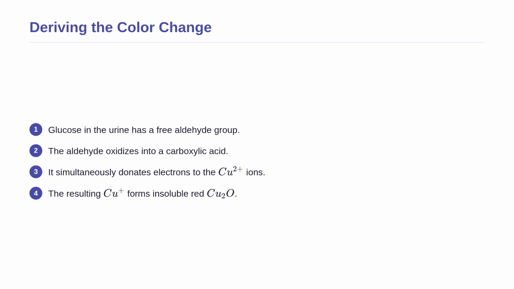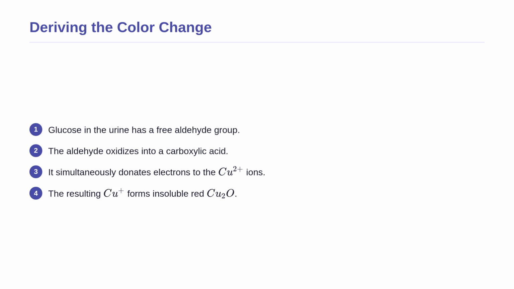To complete our understanding of this clinical test, let us trace the exact chemical reasoning behind the color change. We start with the fact that glucose in the urine has a free aldehyde group. As the mixture is heated, this aldehyde oxidizes into a carboxylic acid.